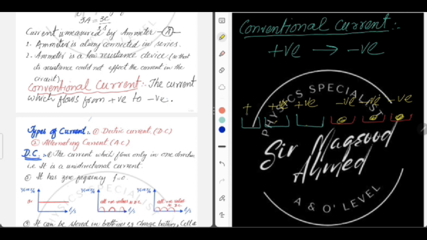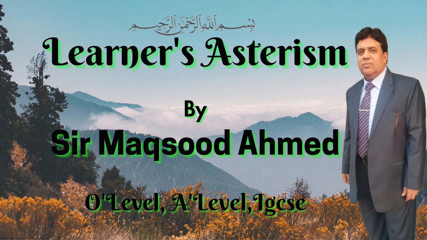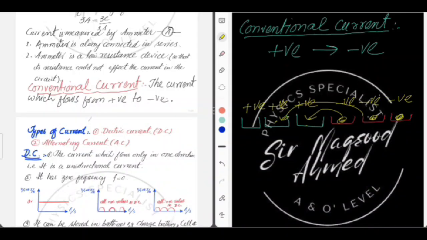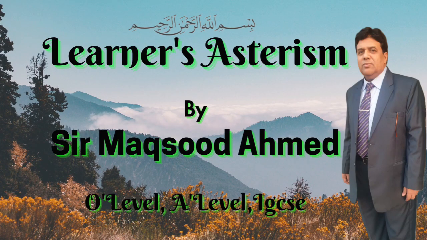Now if we shift the ball from red basket to the green basket, it means that the electrons are moving from negative to positive. When all the balls have shifted to the green basket, now the red baskets are empty.